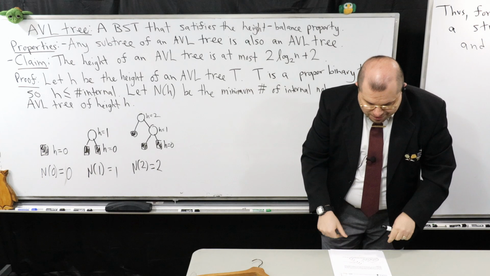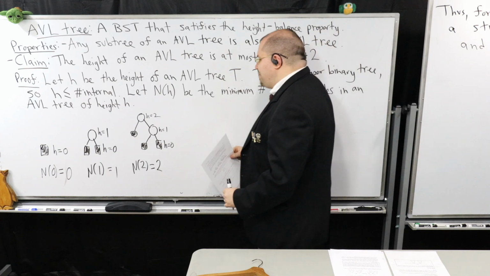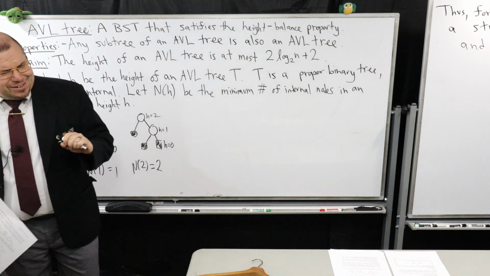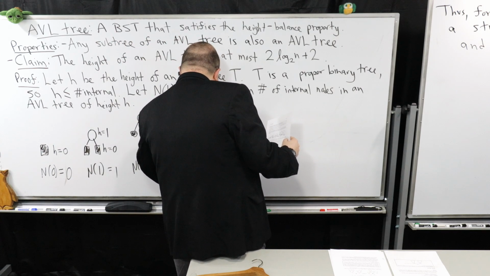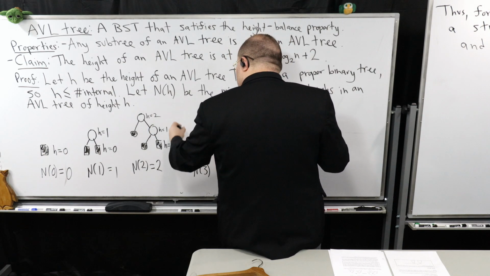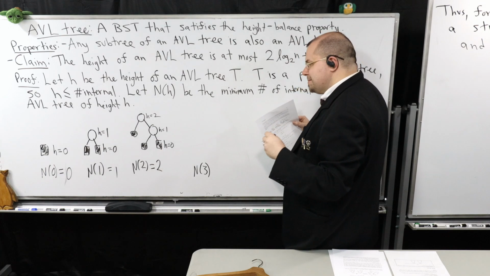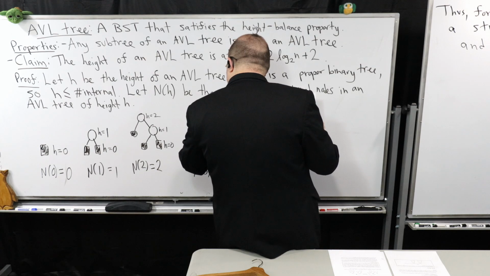So what about n of 3? Let's think about n of 3. Well, this is rather interesting. I'm going to start off with this because I know that works for an AVL tree of height 2.